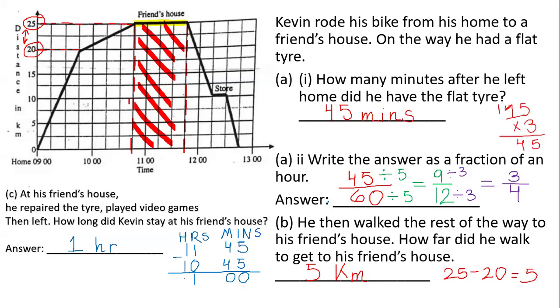Priya, where's Priya? Priya, can you hear me? How about Rashid Wilson? Rashid Wilson, can you hear me? Yes, sir. Do you understand how I got this, Rashid? Yes, sir. Rihanna, do you understand this?